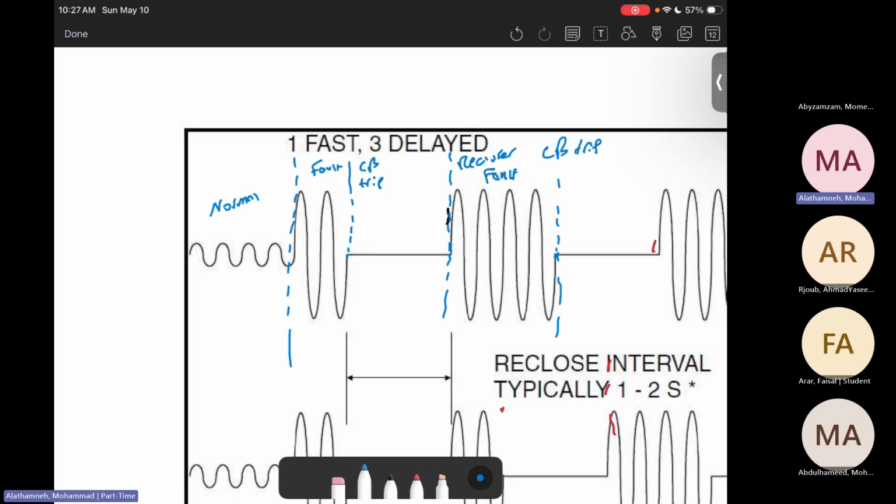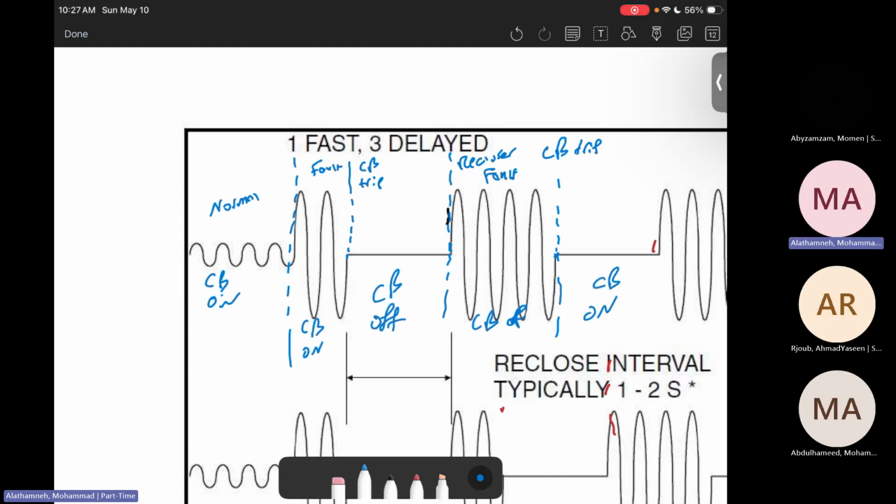Then after that, here is the fault, here is normal. Here the circuit breaker is on. Here the circuit breaker is off. Then here the circuit breaker is on. Then after a specific period of time, we use the recloser again.